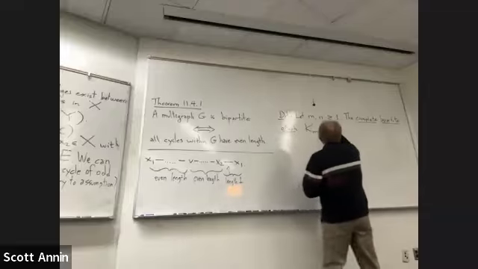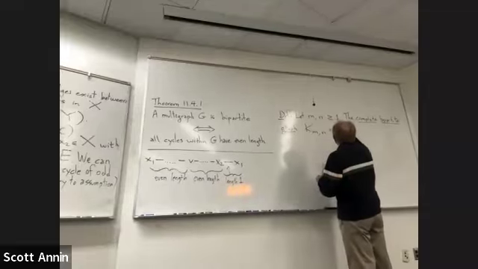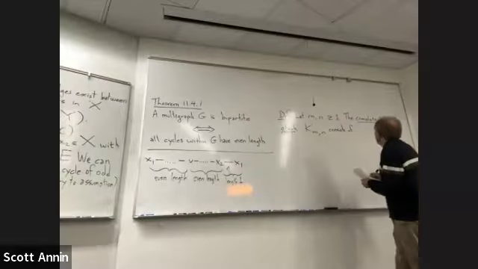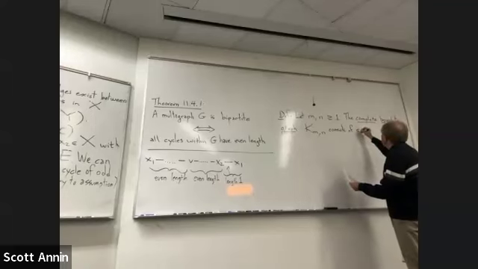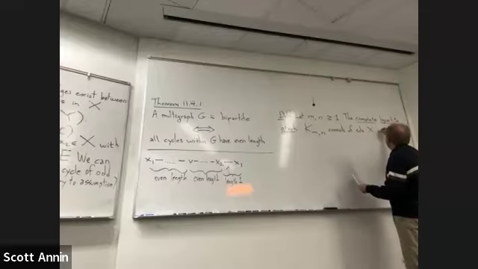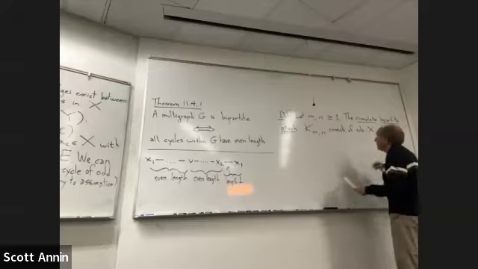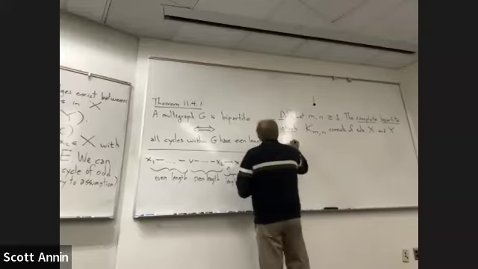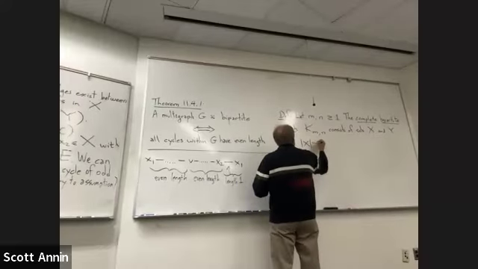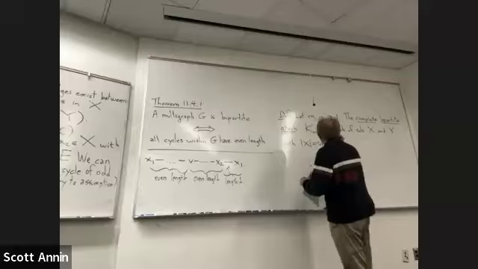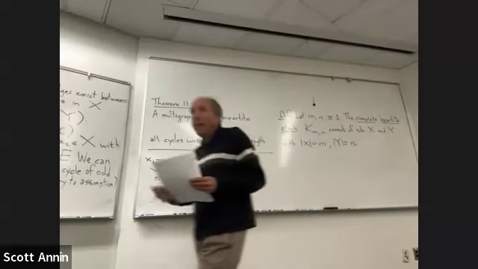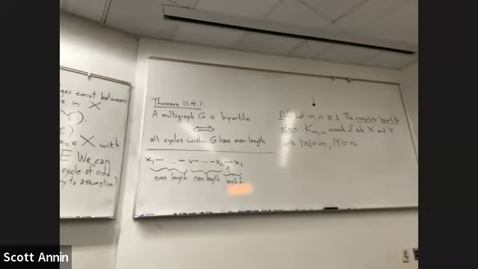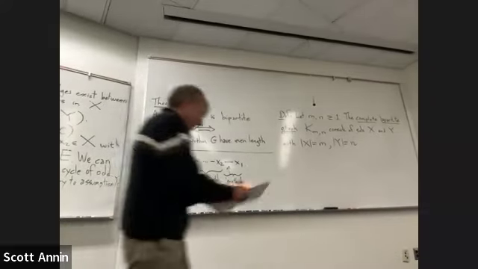It consists of sets X and Y with the size of X equal to m and the size of Y equal to n. So we make our two subsets and they have sizes m and n.